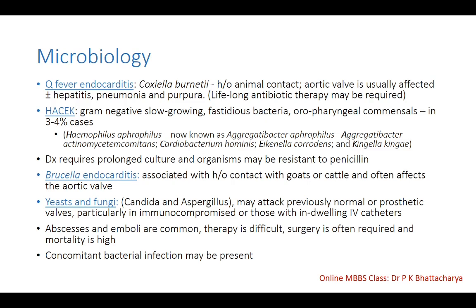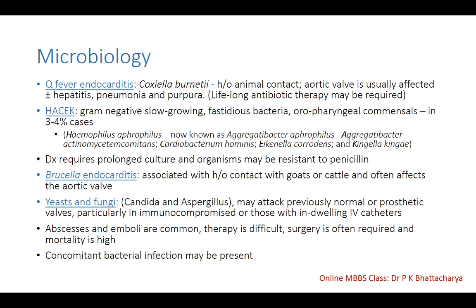Then Brucella also produces endocarditis associated with a history of contact with animals and commonly affects the aortic valve. Rarely you may find infective endocarditis produced by yeast and fungi, Candida and Aspergillus. They may attack a normal valve or a prosthetic valve, usually in an immunocompromised person or those with indwelling IV catheters.